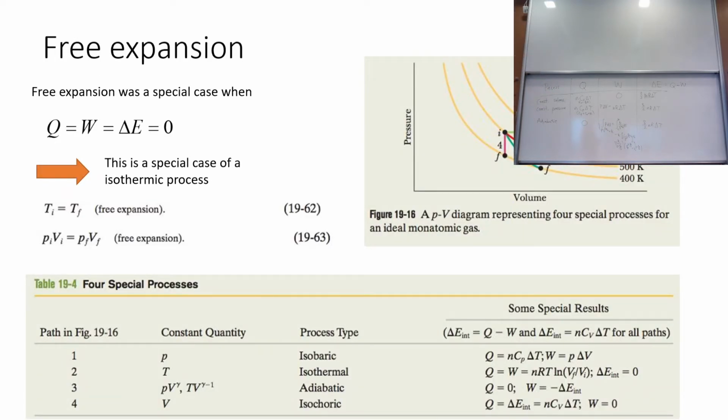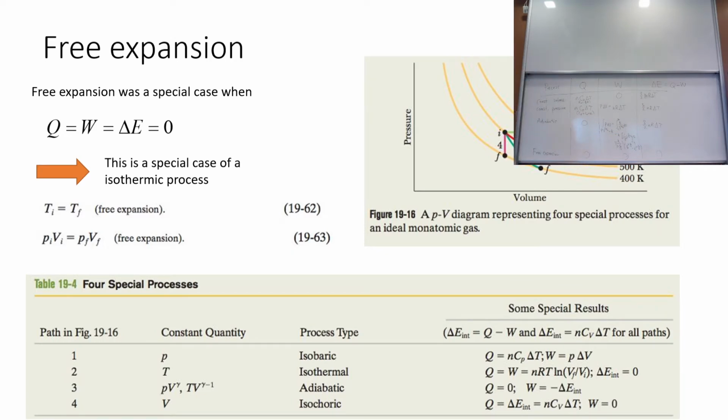And then the final thing here is the free expansion case. As we already said in one of the earlier chapters, free expansion is a case where the heat, the work, and the internal energy change are all zero. Okay, so it's easy, 0, 0, 0.